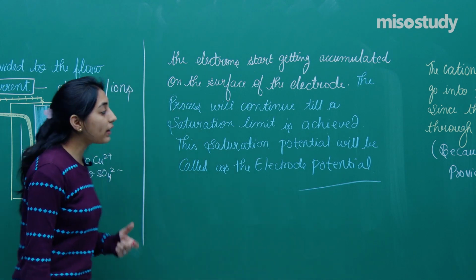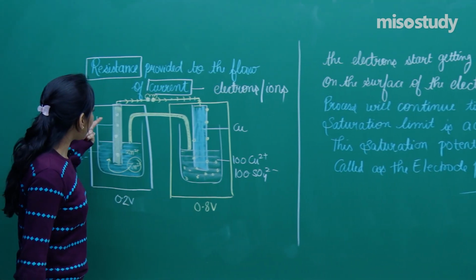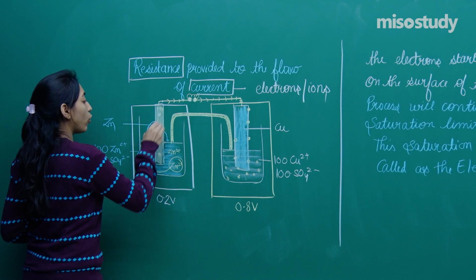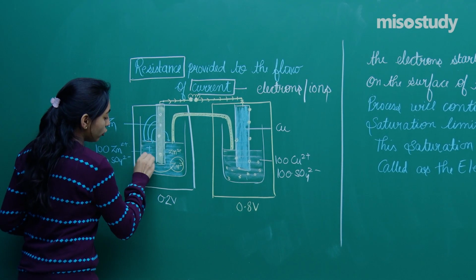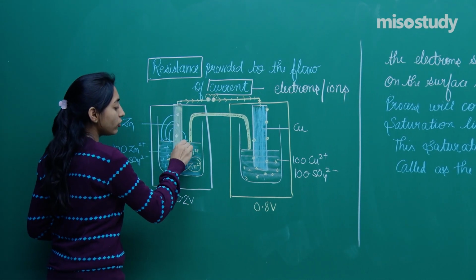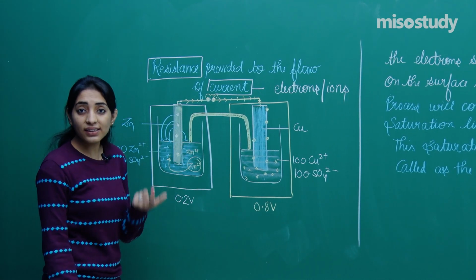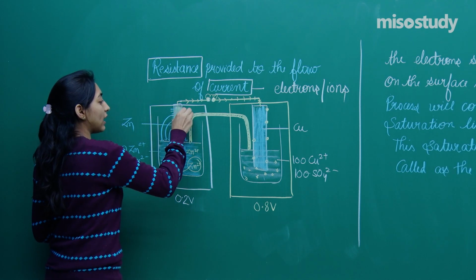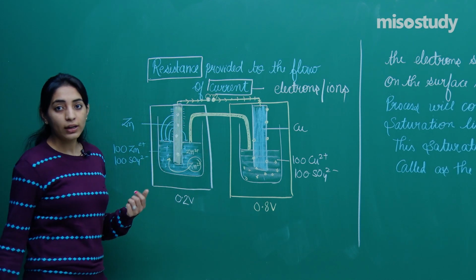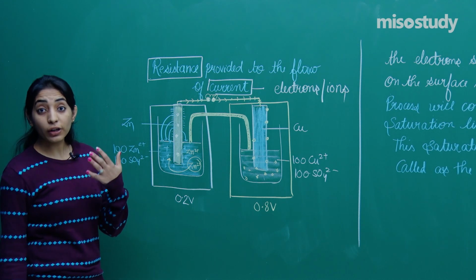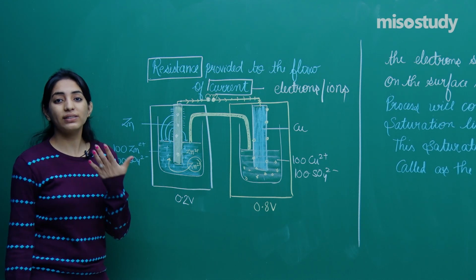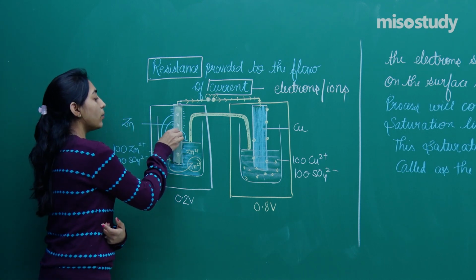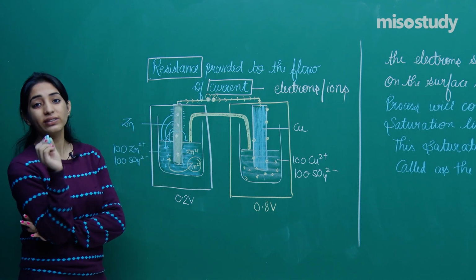That means if I am talking about zinc continuously getting converted into Zn2+ and going into the solution, the solution will start getting a positive charge, right? And since the electrons are getting accumulated onto the surface of the electrode, the electrode gets a negative charge. The process will keep on going till a point where saturation is achieved and no more zinc atom wants to be converted to Zn2+.